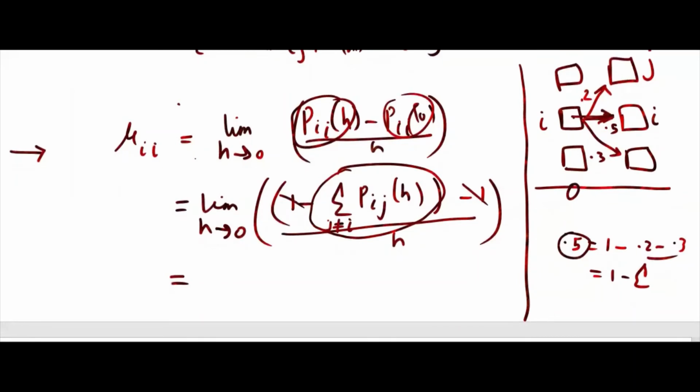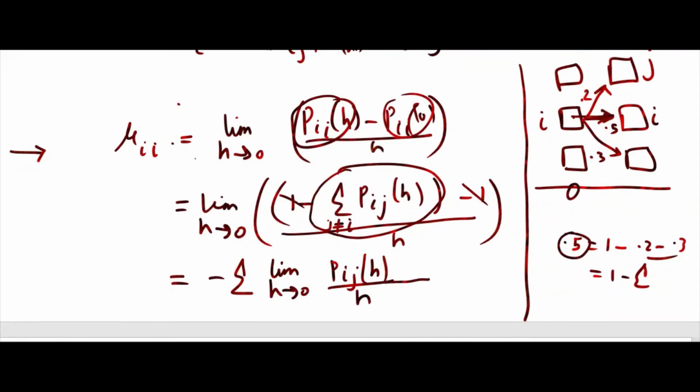The summation you take out, minus summation, okay, sorry, limit Pij divided by h. Now there is no more 1 here, though minus is here.